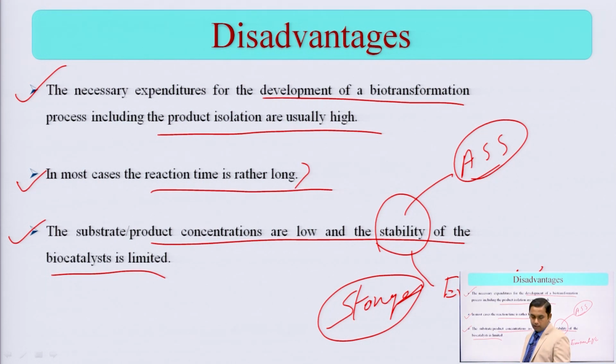We have to take care of such disadvantages, and if you minimize these disadvantages, then this will work very nicely. My dear students, as all of you are learning and are very young, and this field is rising, I suggest that if you have some free time, you spend it searching on Google about microbial biotransformation in the 21st century.